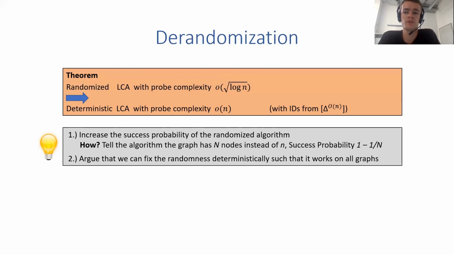Hence, the success probability of the algorithm increases from 1 minus 1 divided by small n to 1 minus 1 divided by big N. Then as a second step, we argue that we can fix the randomness deterministically in advance, such that with this fixed randomness, the algorithm works on all possible input graphs. And this we will do by a union bound over all input graphs. We will show that we can fix the randomness in such a way.